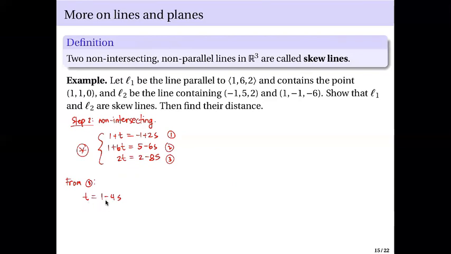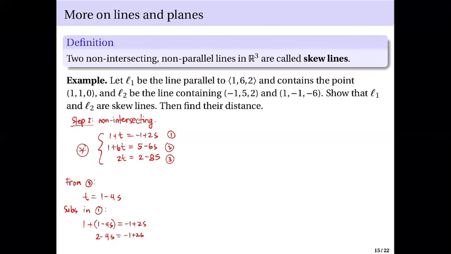Then let's substitute this t in equation 1. We will have 1 plus t, so 1 plus 1 minus 4s. This is equal to minus 1 plus 2s. So this is just 2 minus 4s equals minus 1 plus 2s.